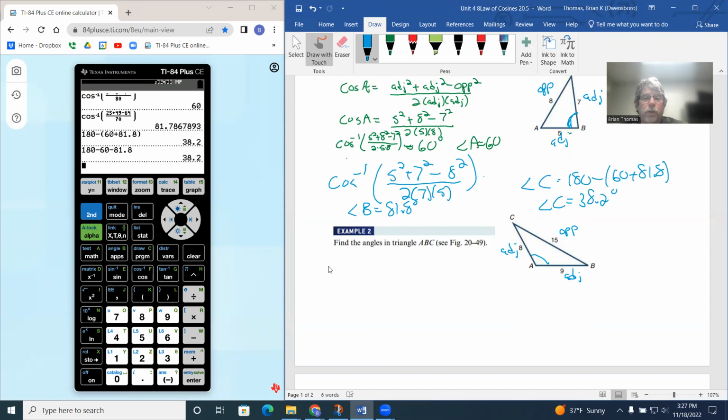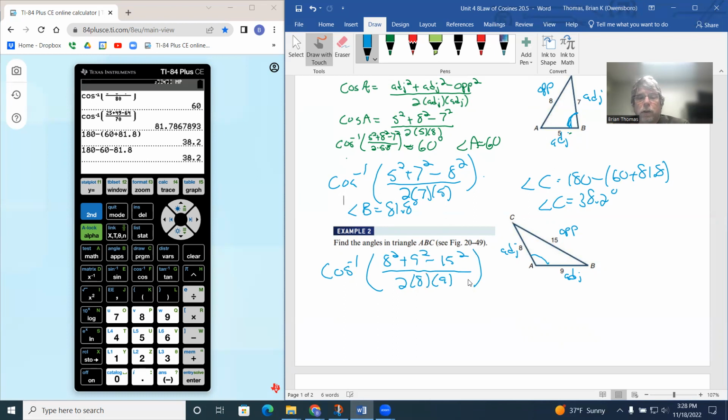So if I use my inverse cosine, my formula says to go the adjacent squared plus the adjacent squared, so it's going to be 8 squared plus 9 squared, minus then the 15 squared, all over 2 times the adjacent, which is 8 times 9.